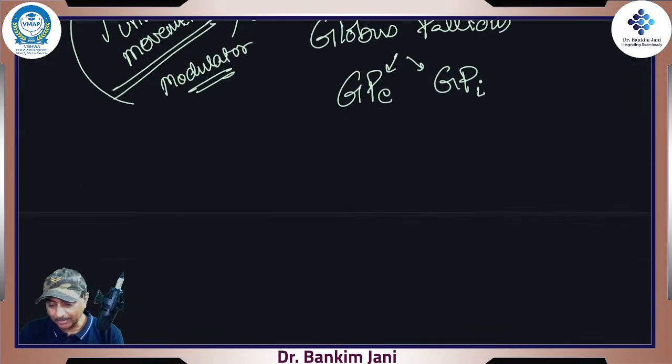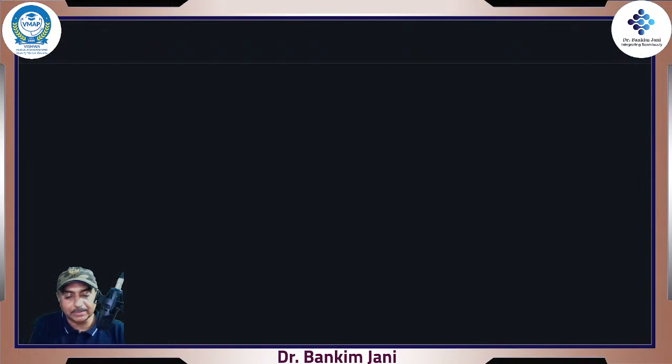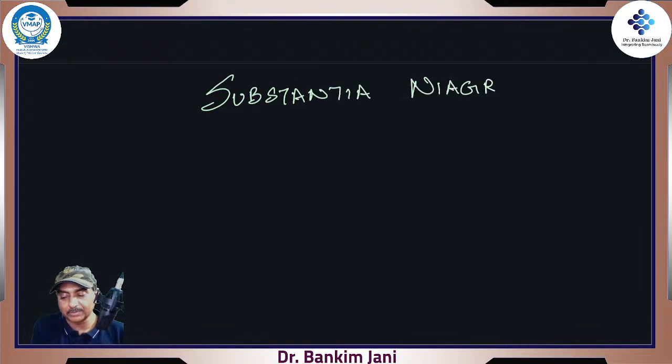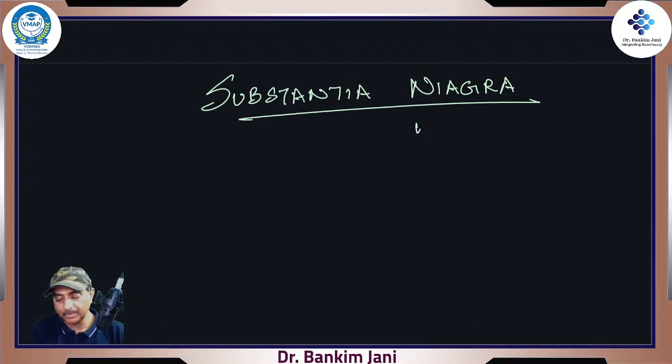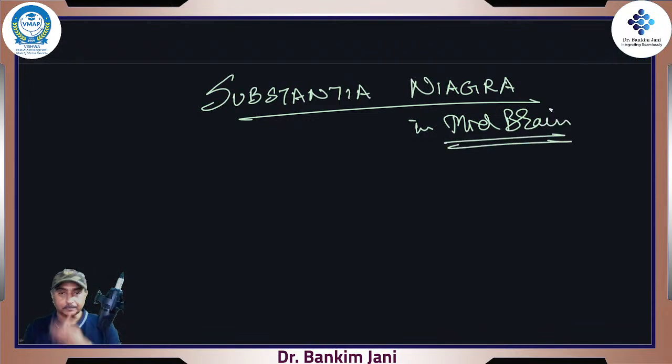The next one, which we just cannot miss, is the substantia nigra. Where was it? It was in the midbrain. This has connections with the striatum; in fact it has connections with the corpus striatum, both.